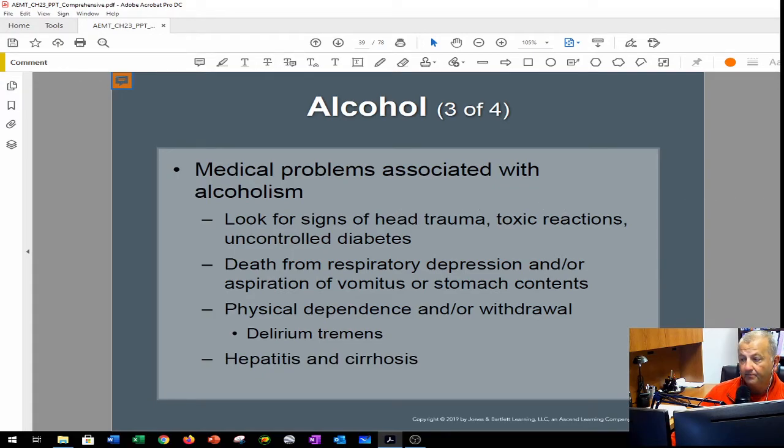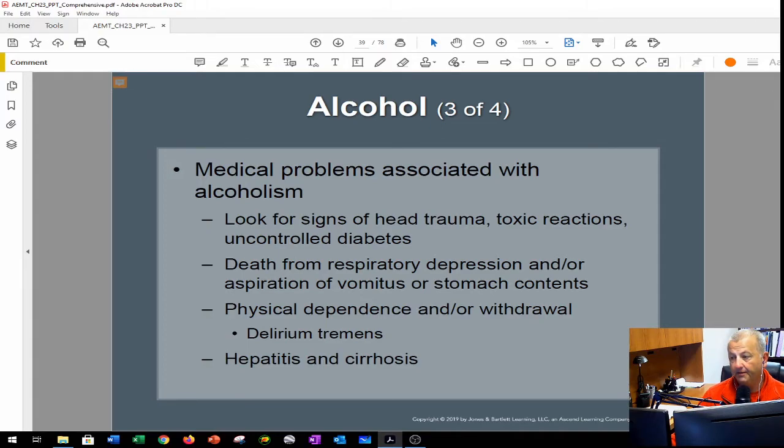Not only can they be hypoglycemic, but going through DTs can bring on seizures. Seizures can be brought on because of their alcohol level. Their body's got used to it being high, and so a sudden drop in that alcohol level can bring on a seizure, or it could be from the hypoglycemia bringing on a seizure. So be prepared for that.